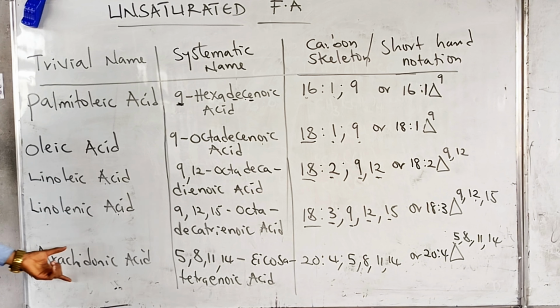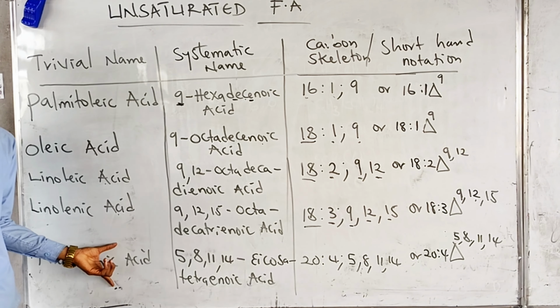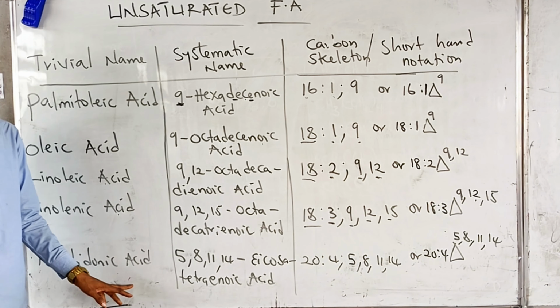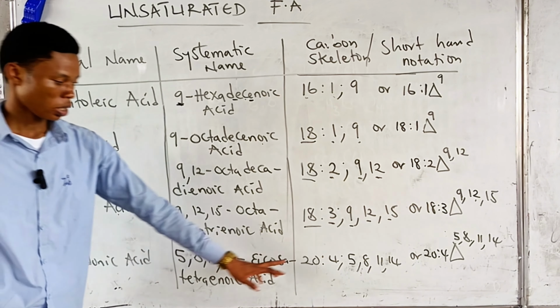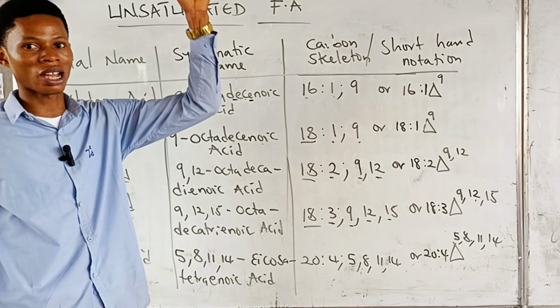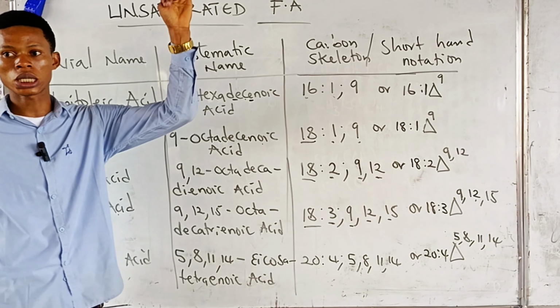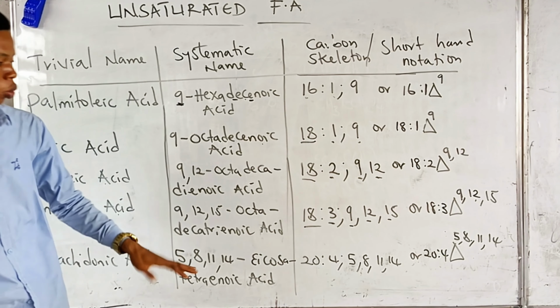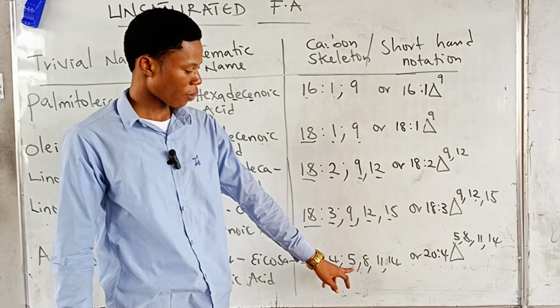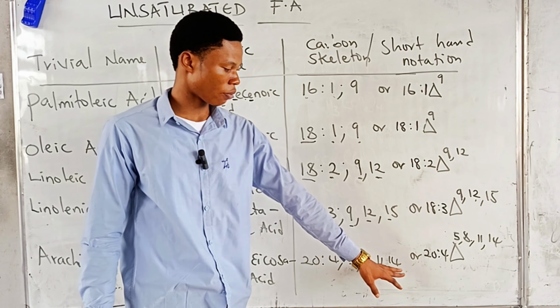Good. Now, arachidonic acid. Remember when we were talking about the saturated, we have arachidic, right? But now, arachidonic acid. How many carbons? 18. Sorry, 20. 12, 14, 16, 18, 20. So, 20 carbons, 4 double bonds on carbon 5, 8, 11, and 14.